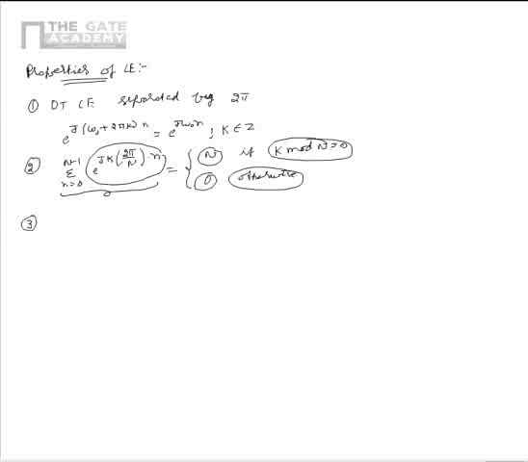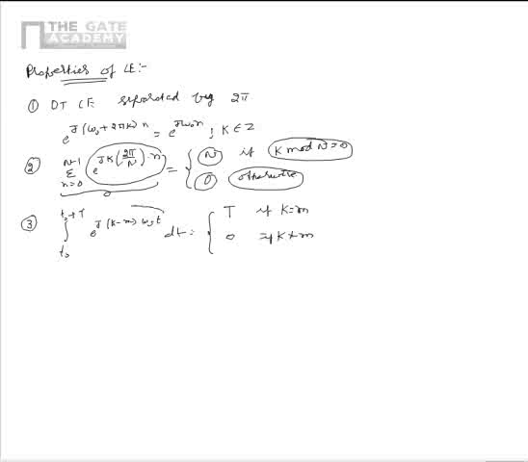The third property is related to the orthogonality property of continuous time complex sinusoids, that is, the integral from t0 to t0 plus T of e^{j(k minus m) omega naught t} dt is equal to T if k is equal to m, and 0 if k is not equal to m.